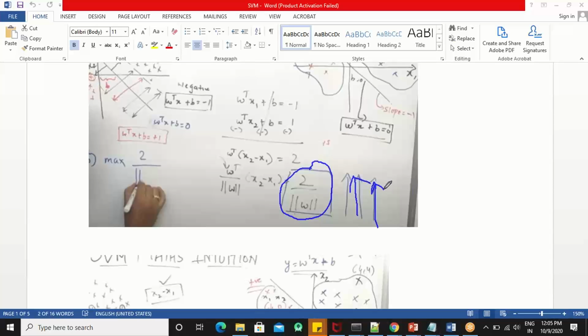Okay, maximize it. But you can convert this function in the reverse order. If I only need to calculate this value, my objective is to minimize this value. Because if I minimize this value, automatically this thing will be maximized, right?